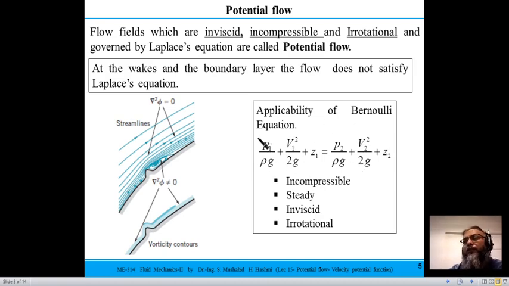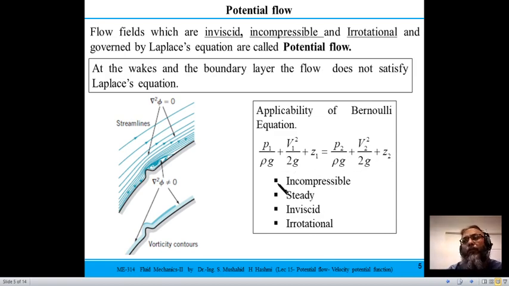You are not interested in how the velocity varies at a given cross section, because the direction of the flow is the so-called streamline direction, where all these conditions are satisfied. Most of the time students make the mistake of using Bernoulli's equation to evaluate their required parameters without understanding the limitation of that equation.